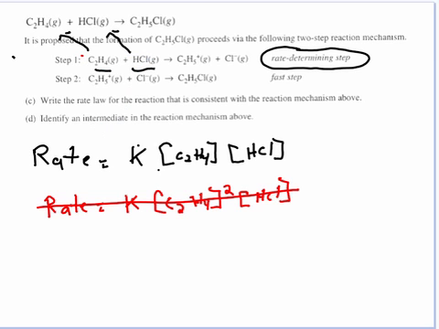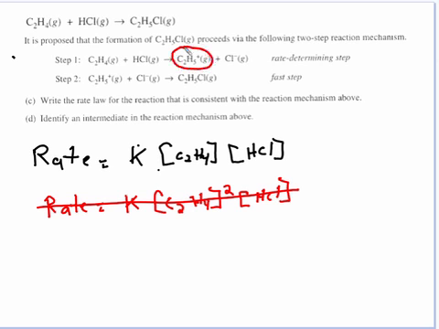Okay, the next part is identifying an intermediate. An intermediate is a substance that is produced in one step and used up in another step, and it doesn't appear in the overall equation. If we look, this C2H5 positive 1 ion right here is produced in one step, but then it's used up in another step.